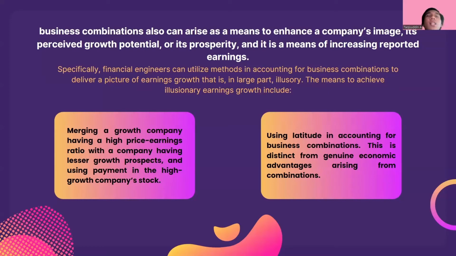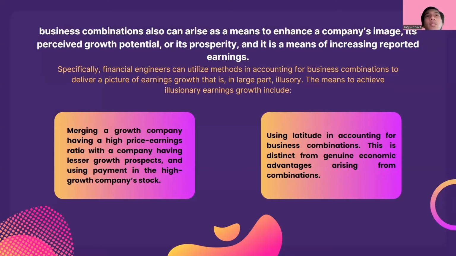Business combination also can arise as a means to enhance a company's image, that is, perceived growth potential or its prosperity, and it is a means of increasing reported earnings. Specifically, financial engineers can utilize methods in accounting for business combination to deliver a picture of earnings growth that is in large part illusory.